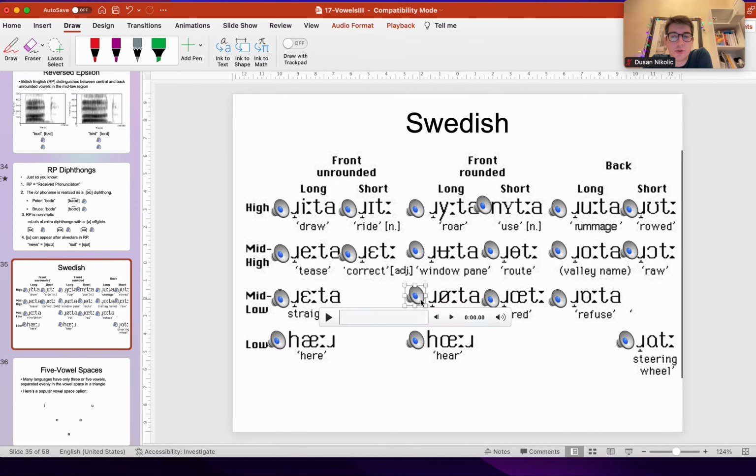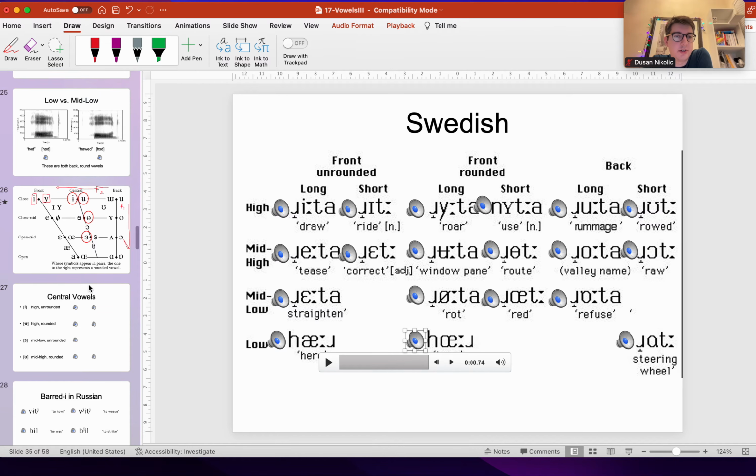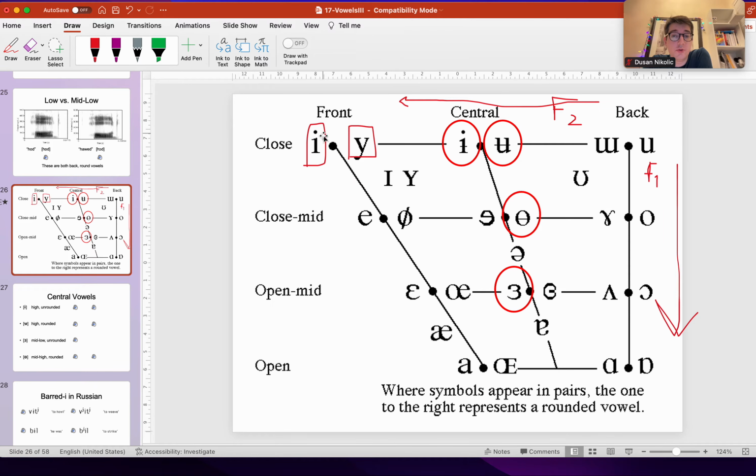Rött. Rut. Röta. Röta. Rött. Rött. Hör. Yeah, those are the vowels in Swedish are quite difficult to acquire or to learn if you're a speaker of this language.